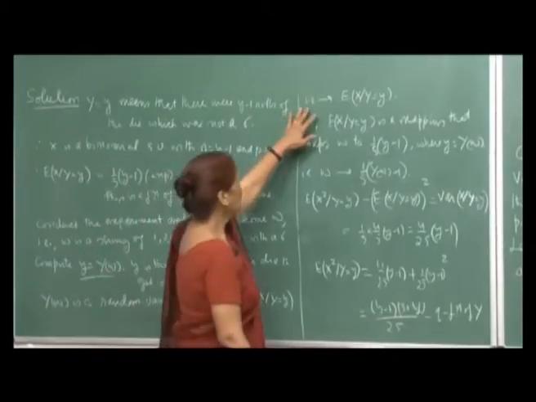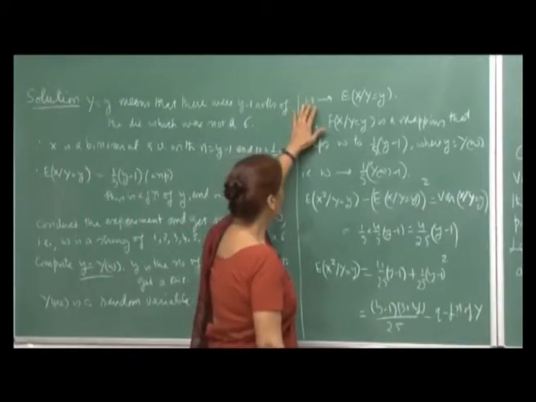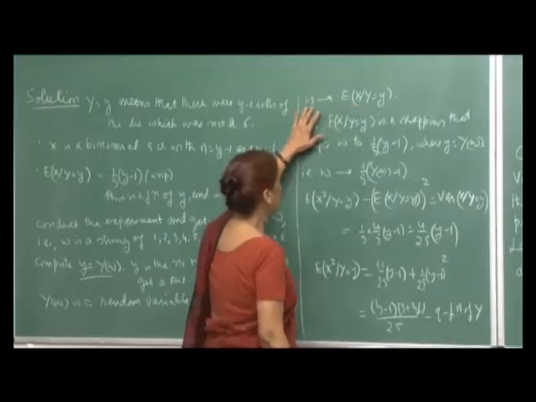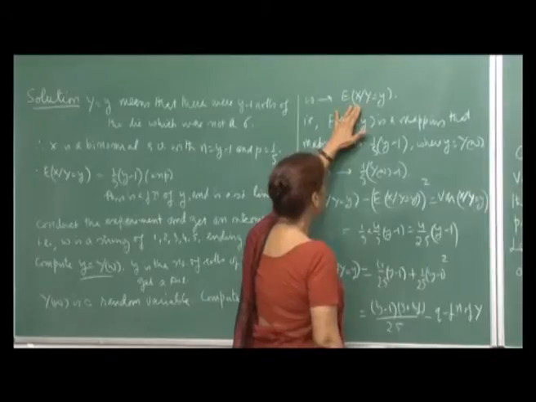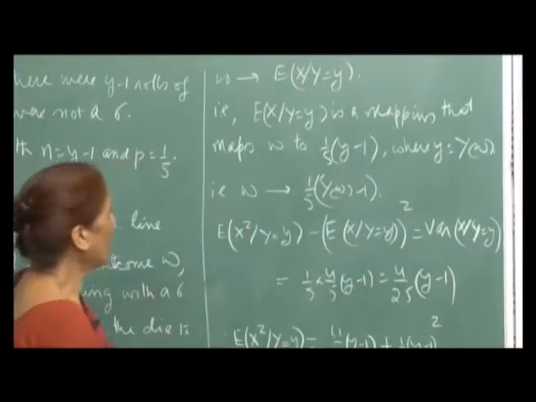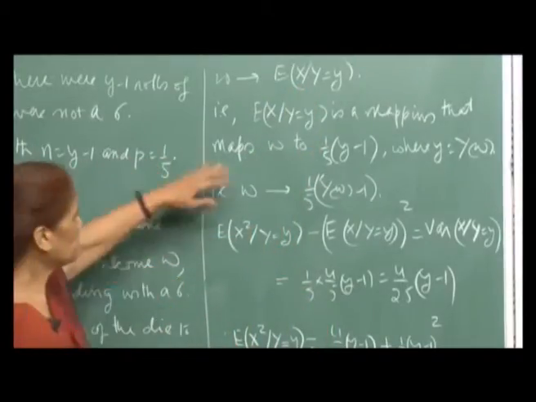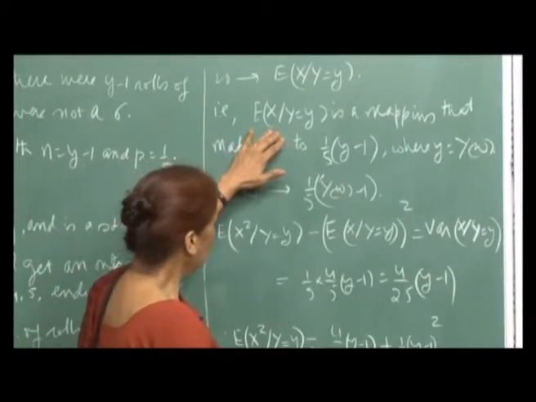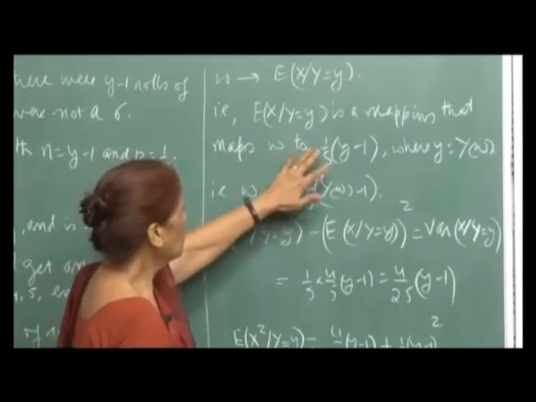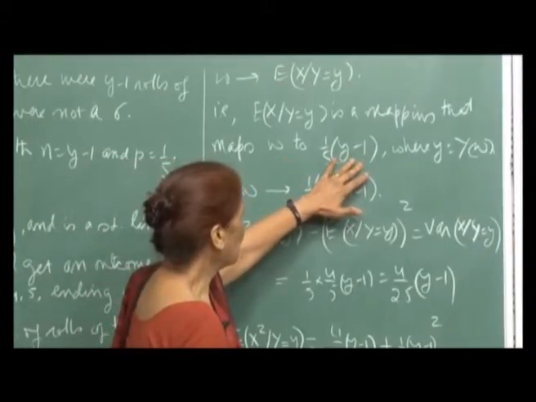So that means you are relating omega with this, because given an omega you computed the y and then you compute the expected value of x given Y equal to y. So the expectation of x given Y equal to y is a mapping that maps omega to 1 by 5 (y minus 1).